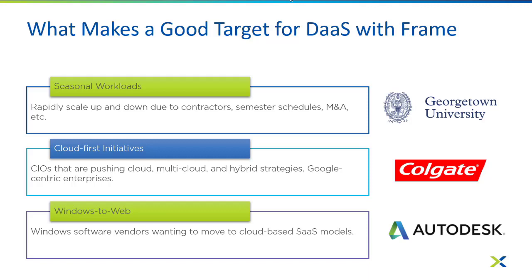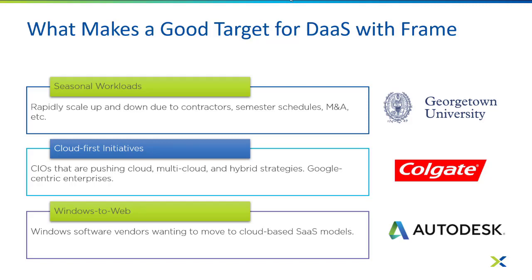So seasonal workloads. Now, what I mean by that is you have an existing deployment. It could be, for example, a school or a university. So Georgetown University in this case, they have courses that could run 6 weeks, 2 months, 6 months, or whatever. So think of that as a project.